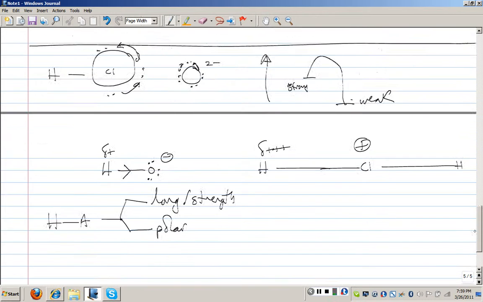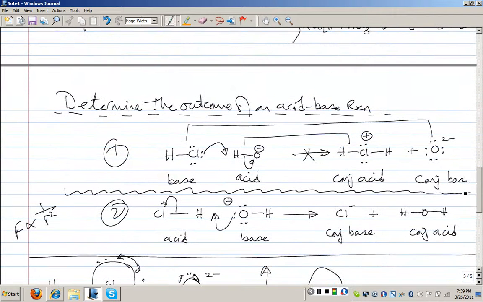And if that's true, this reaction cannot occur as written, because it would mean the weaker acid gives rise to the stronger acid, and the weak cannot give the strong. So I can say then that this reaction does not go, that hydroxide does not function as an acid.